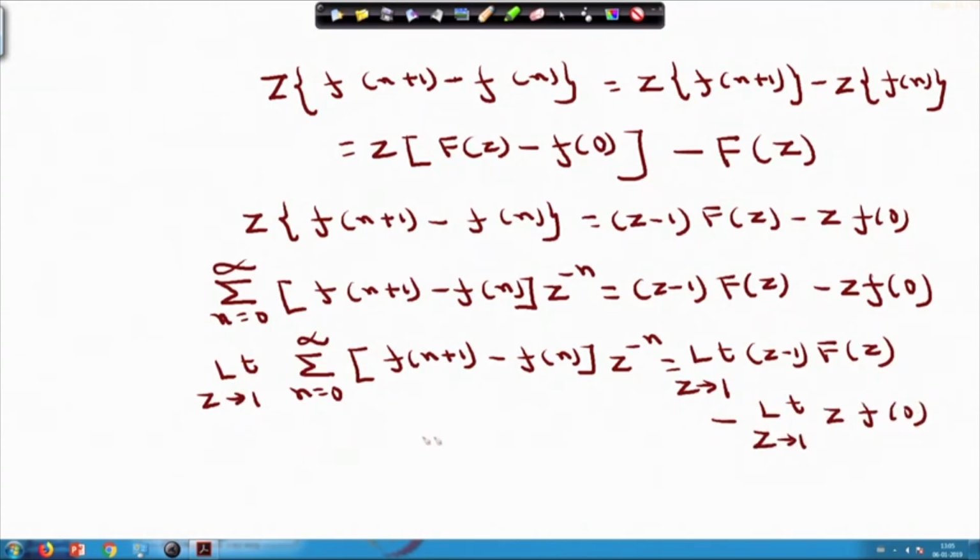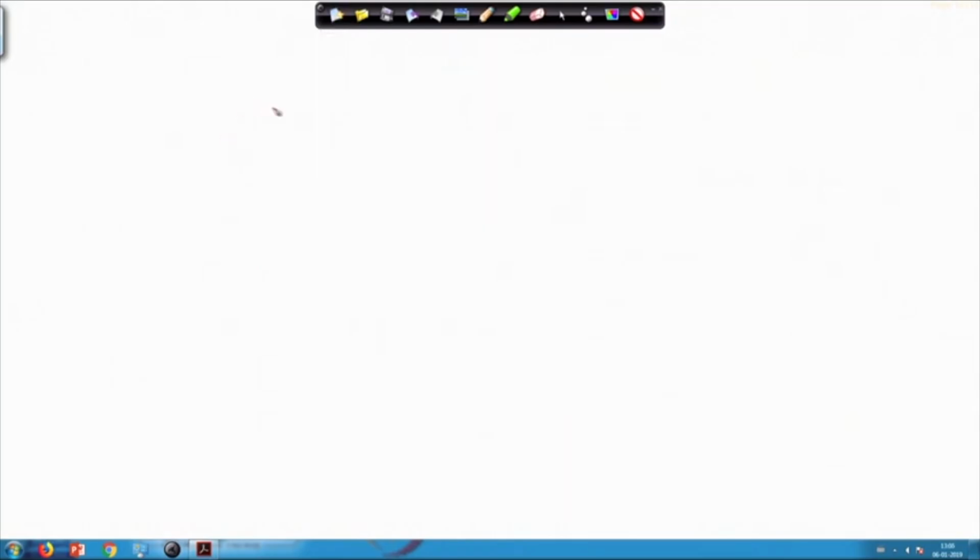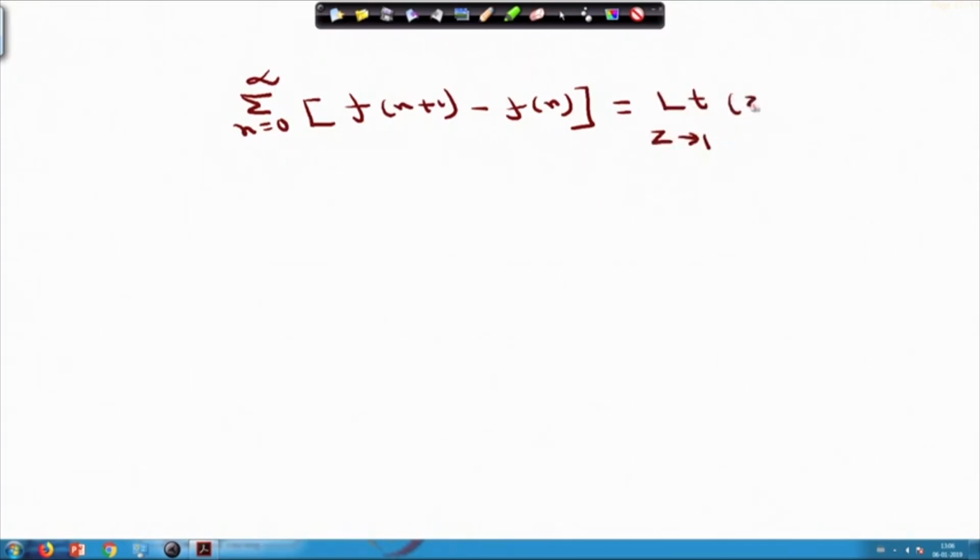So, basically we are taking z approaches 1 on both sides. After taking the limit on the left hand side, this I can write as the summation n equals 0 to infinity of f of n plus 1 minus f of n. As z approaches 1, z to the power minus n will vanish, and this is equal to the limit as z approaches 1 of z minus 1 into capital F z minus f of 0.